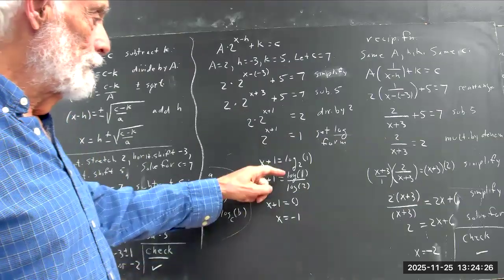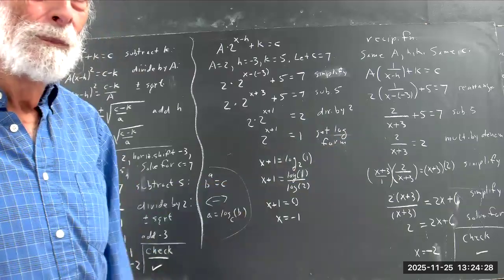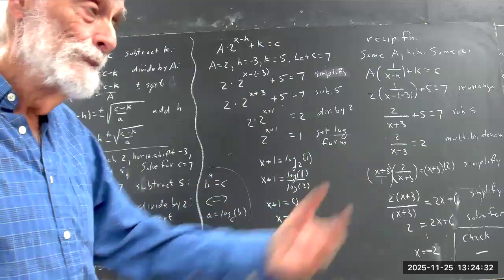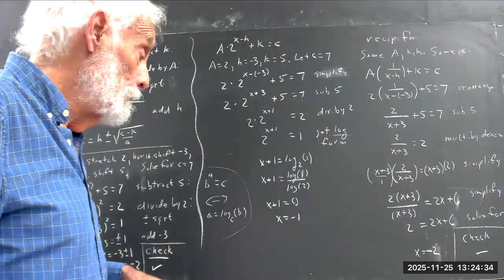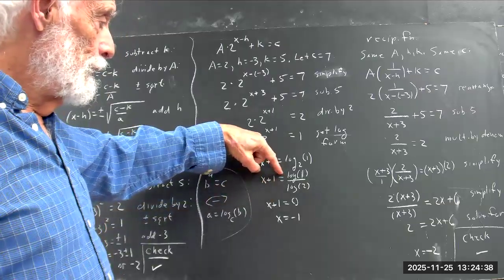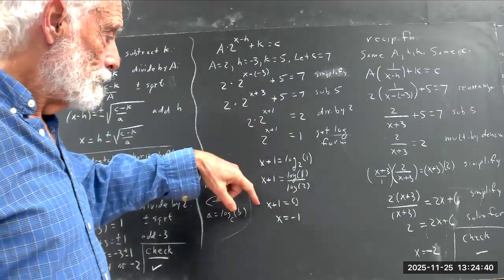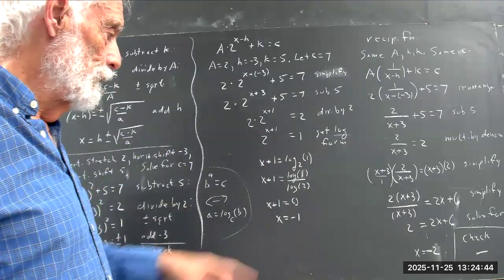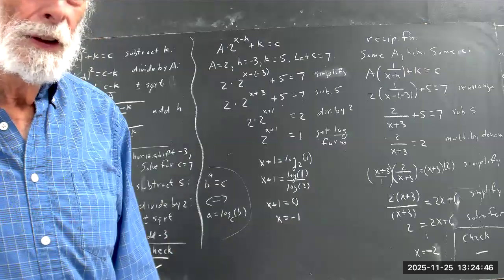Now, if you already know that log of 1 is always 0, and that's because any number to the 0 power is 1, something you should know, but don't necessarily have to. In any case, this simplifies to x plus 1 equals 0, and you solve that and you get x equals -1.